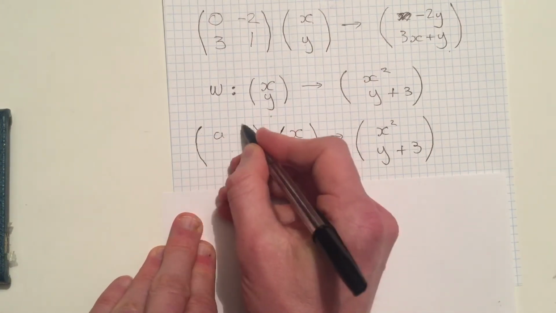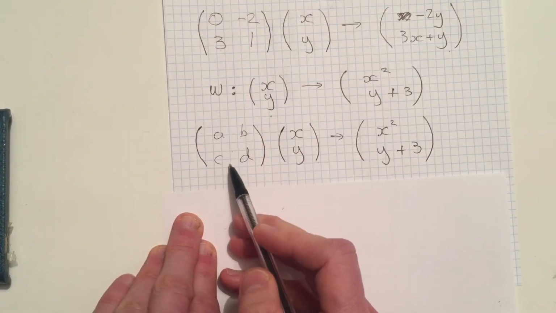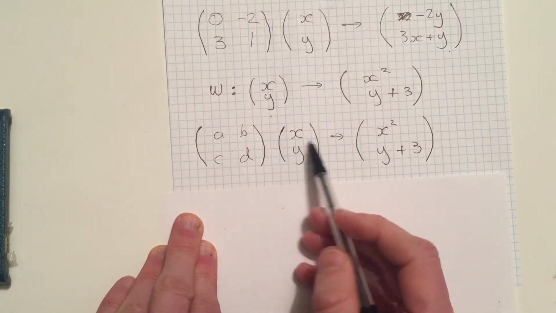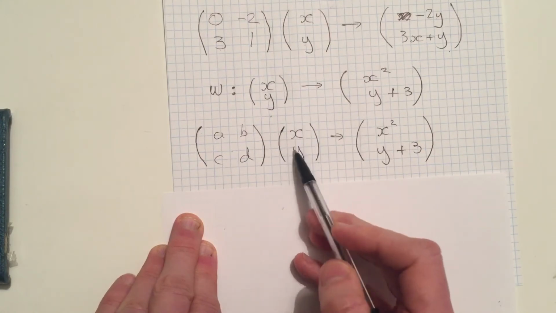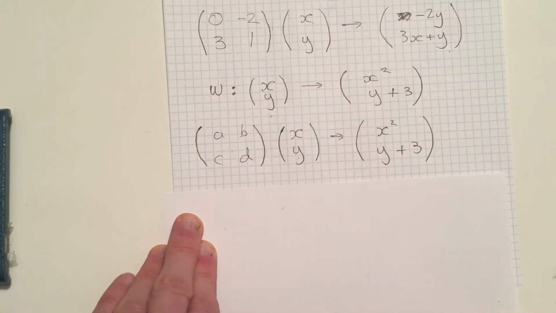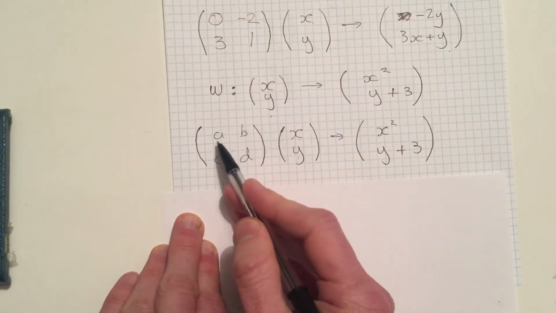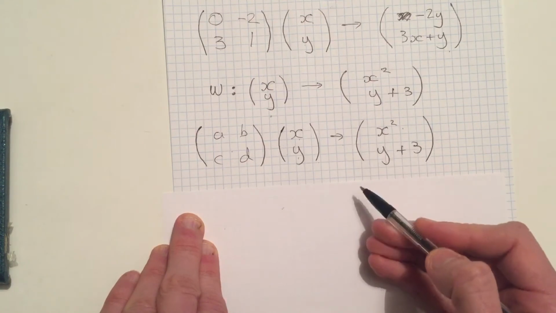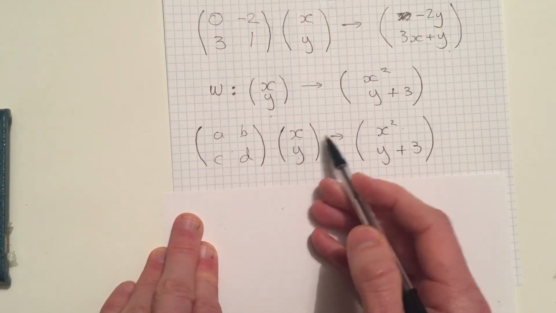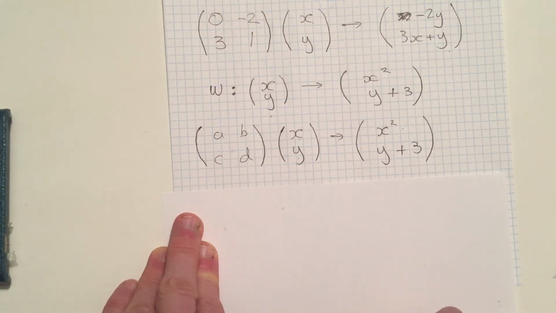There is not an A, B, C, D. There's not a 2 by 2 matrix here that I could use to represent the transformation that maps x, y onto x squared y plus 3. I can't multiply x by a number and get an x squared. The only way I could multiply x to get x squared is to times by x, not by a constant number.